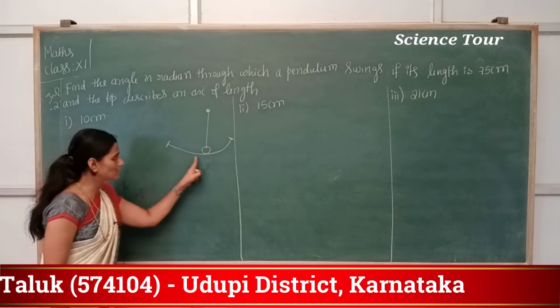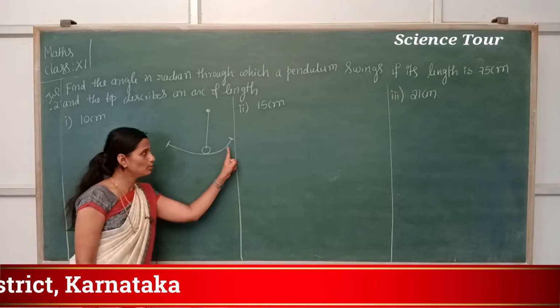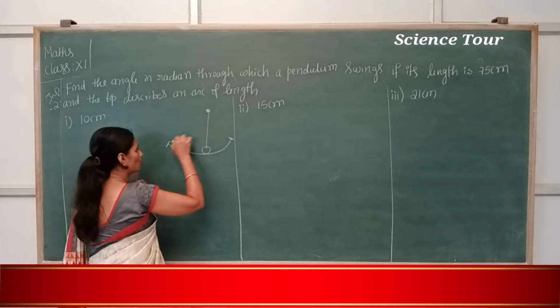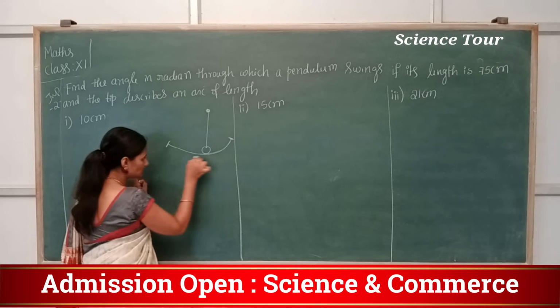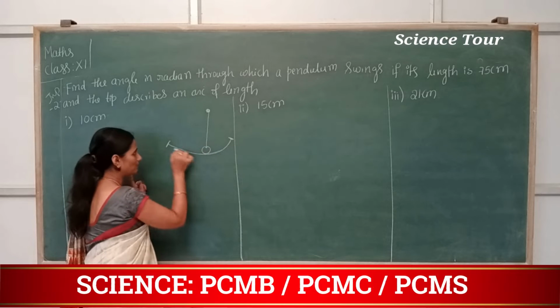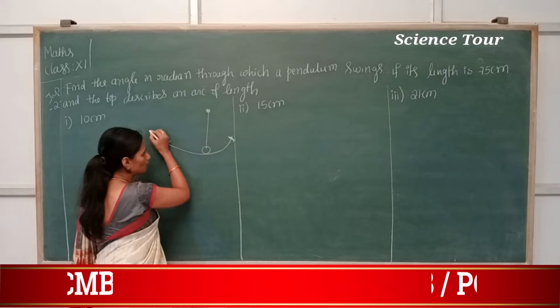Now what is this? It is the part of a circle. That means this is an arc of a circle. This is your fixed point. If it swings fully, it is like a half circle, which is the length of the arc, an arc of a circle.